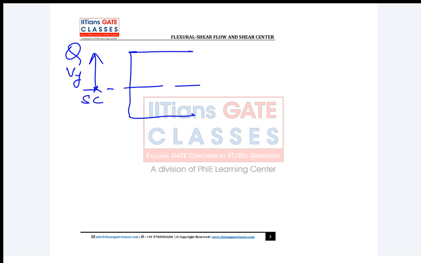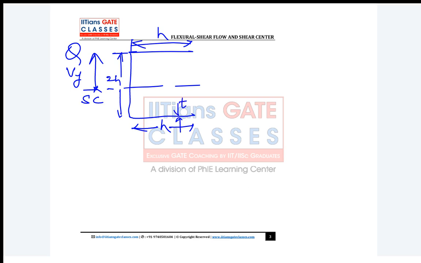Okay, and I have taken this as H, and this as 2H, because now you need to solve another GATE question. Which is the shear center position they asked, and t is the thickness.